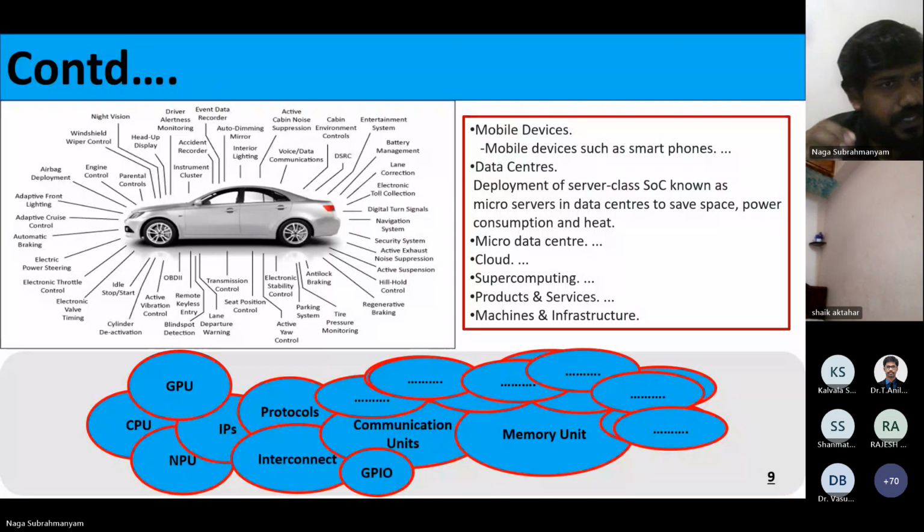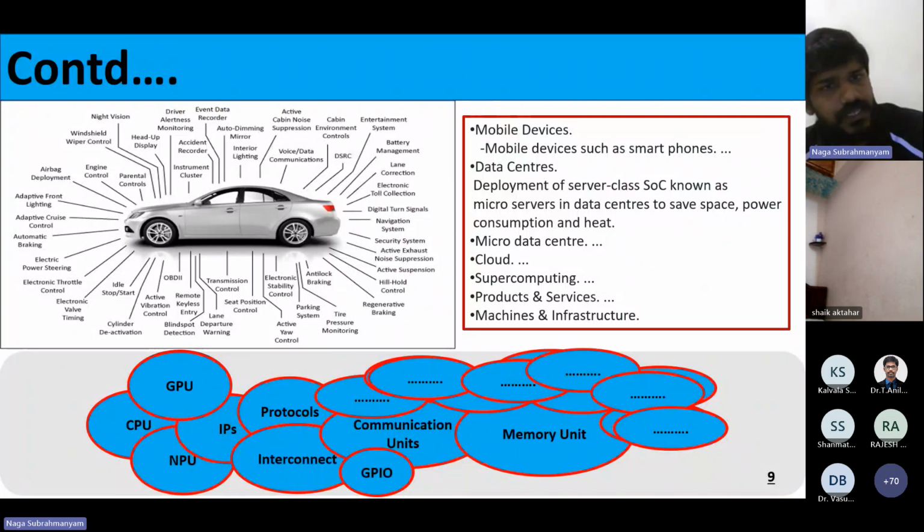Then the interconnect or some other unit in your SOC should have the intelligence to divert the maximum power to that particular subsystem, and keep the remaining subsystems at very low usage. That kind of power intelligence also needs to be there.